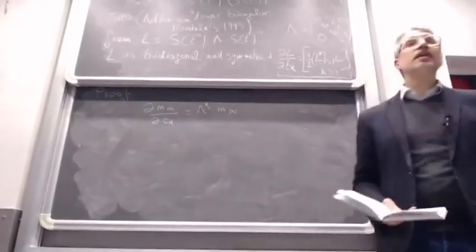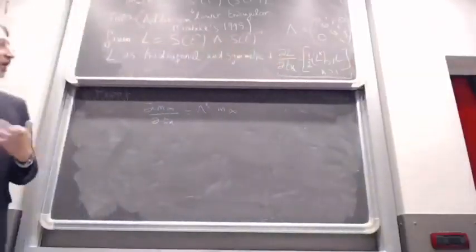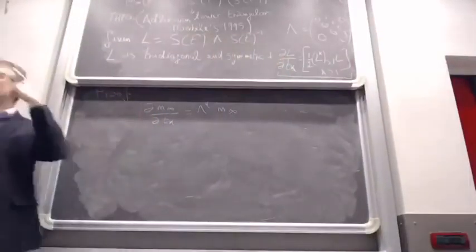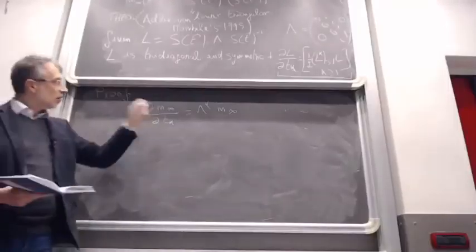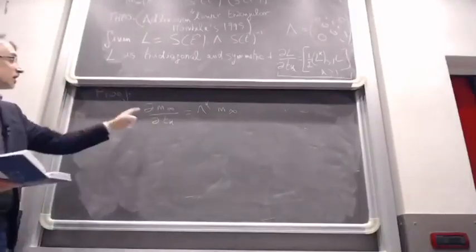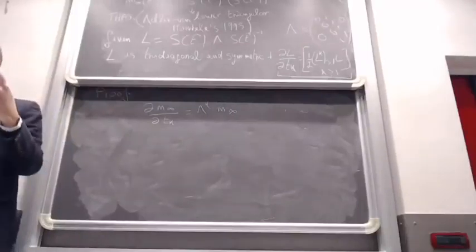M n satisfies a linear equation. The tau function is expressed in terms of a function of a matrix that satisfies a linear equation.